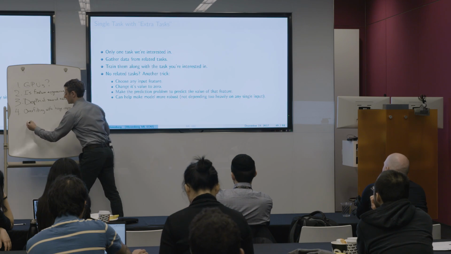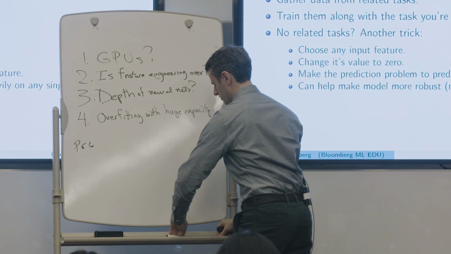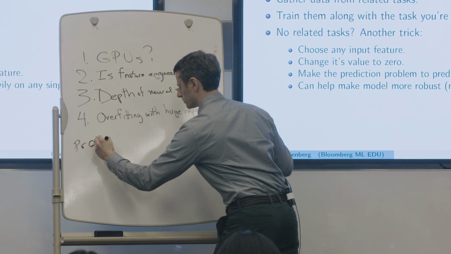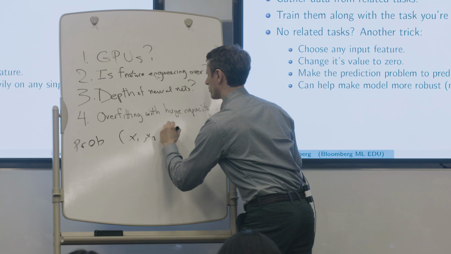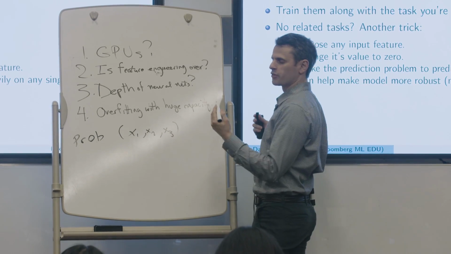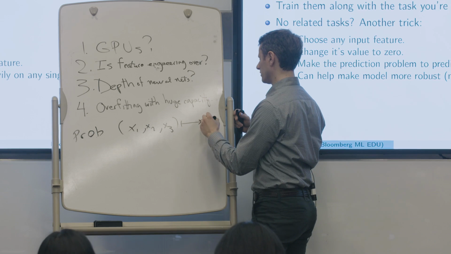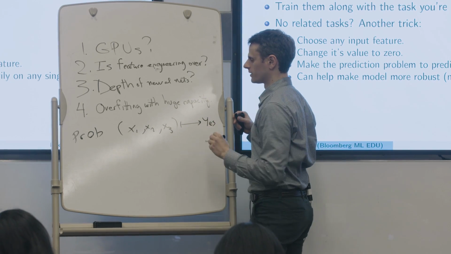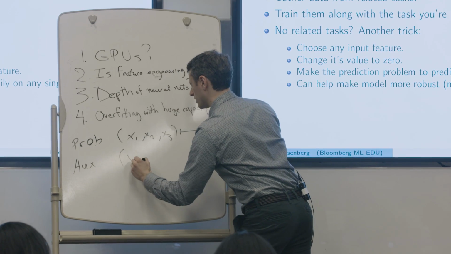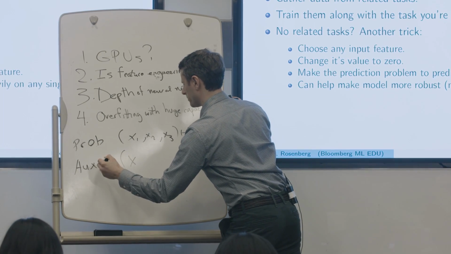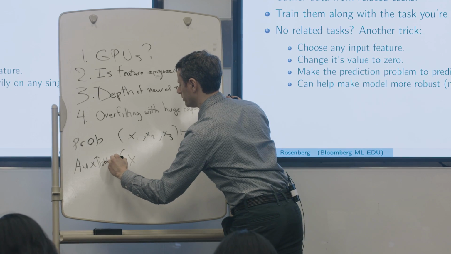So if we have an input example, for problem 1, well, we have one problem we're interested in. And maybe we have x1, x2, x3, a three-dimensional input vector. And this is mapped to, I don't know, yes, it's a binary classification problem. Now we make an auxiliary problem 1.